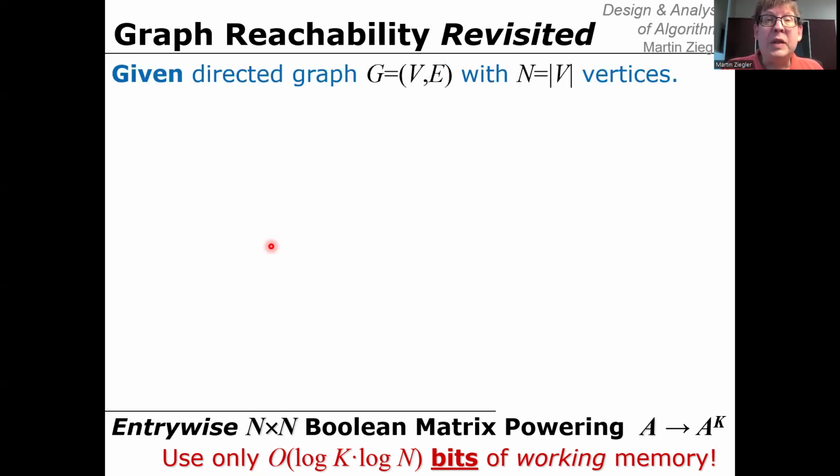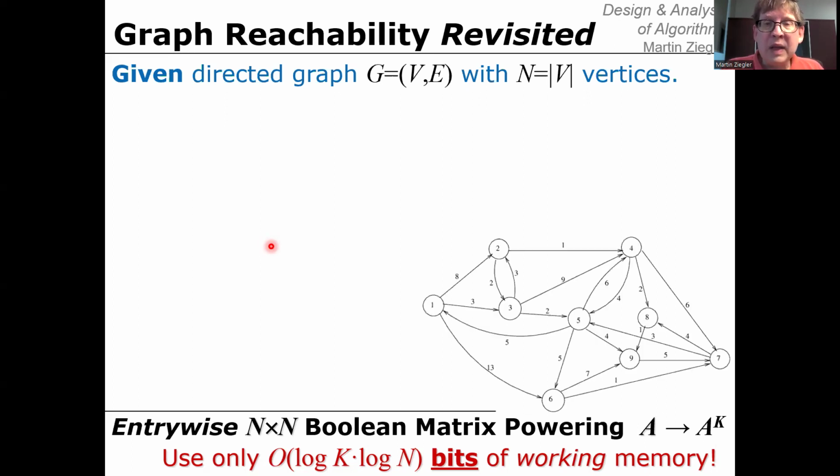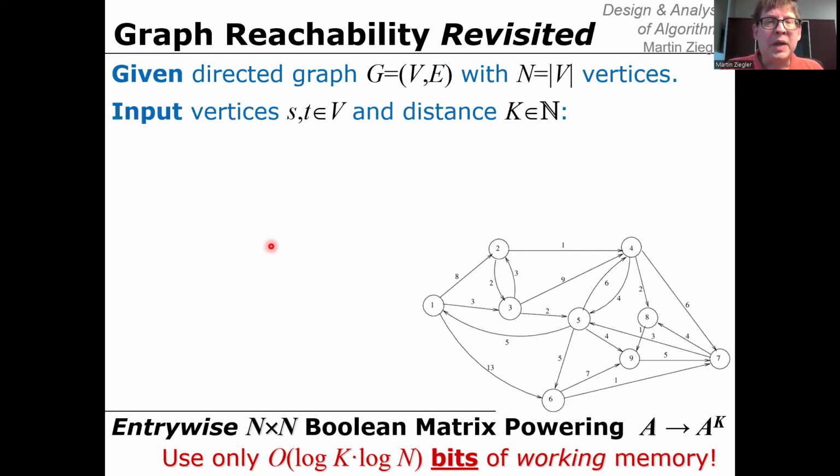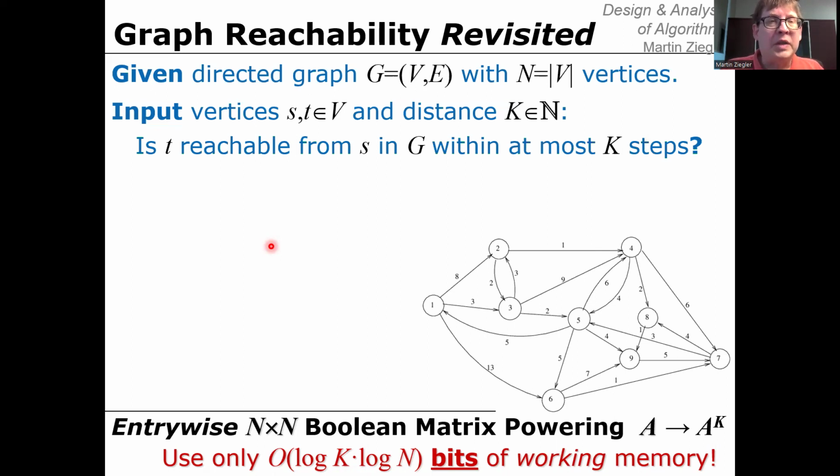So graph reachability, remember, we're given a directed graph with n vertices like this. And we're given start and target vertices S and T and the distance k. And the question: can we reach the target vertex T from the source vertex S within at most k steps using only the directed edges of the graph?